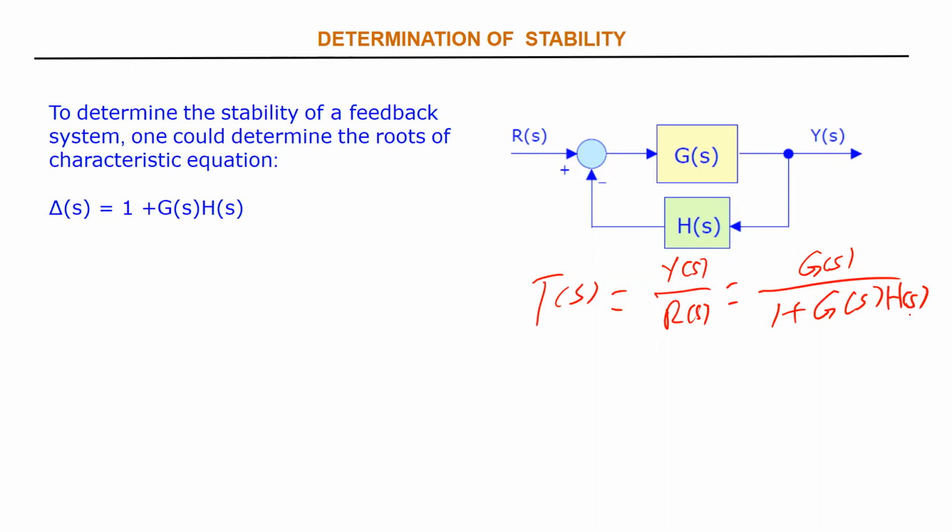So in order to test the stability, I will look into the poles of the denominator, isn't it? Correct. Okay. Let me call the denominator the characteristic equation. So delta of s equals 1 plus the loop gain. Finding the roots here is the same as finding the poles of the system. And that's basically what we are going to deal with.